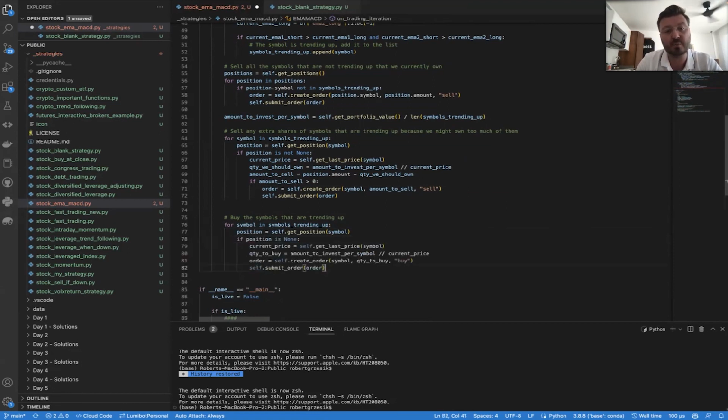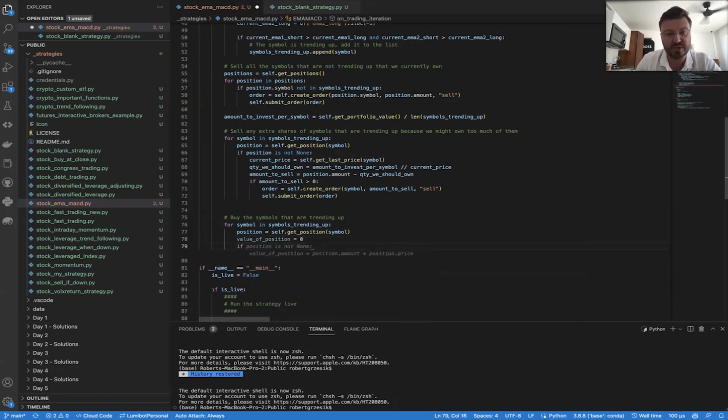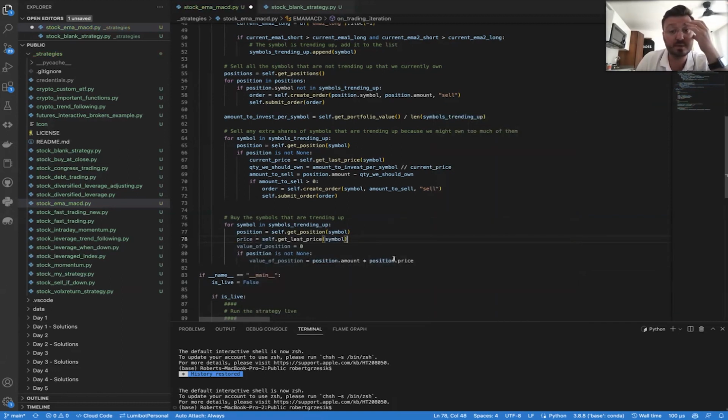Actually, no, let's do it a little differently. We'll set the value of the position currently to 0, and if position is not none, then the value of position is going to be price equals self.get_last_price times the quantity.